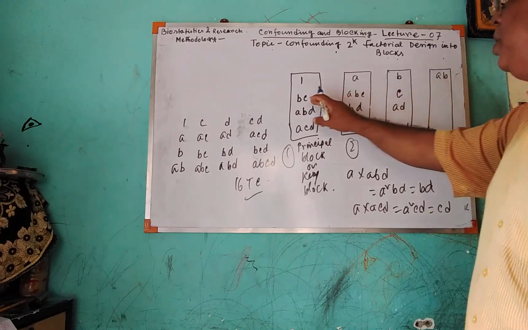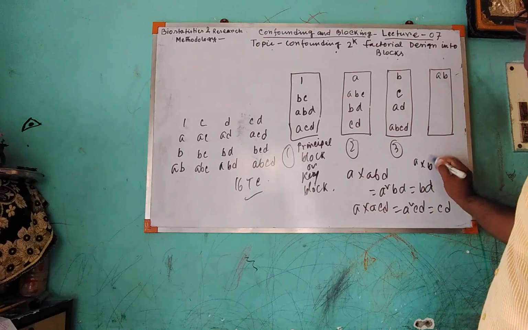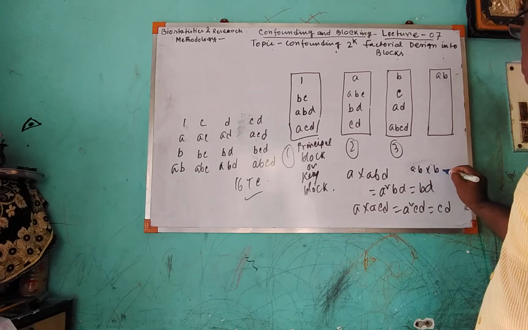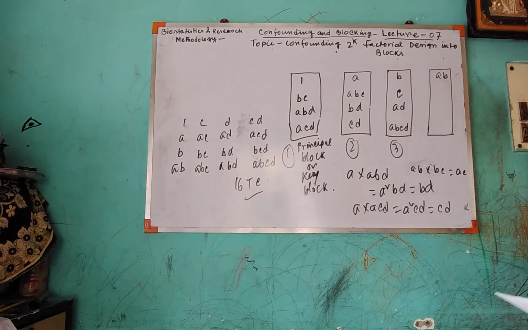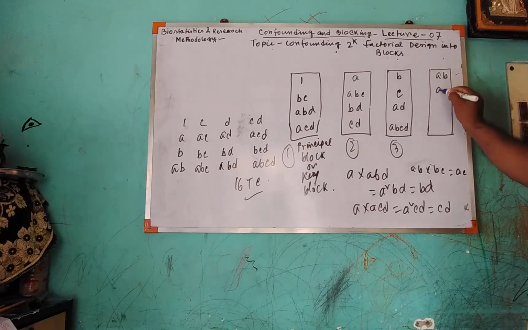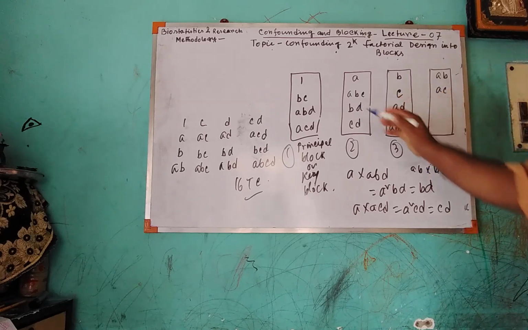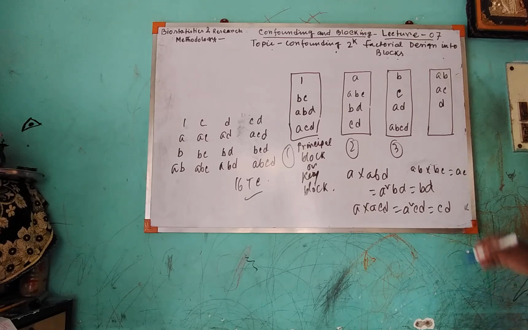AB into BC is AC, because B square equal to 1. Now AB into ABD, that is A square B square D. A square B square is equal to 1, so this will be D.